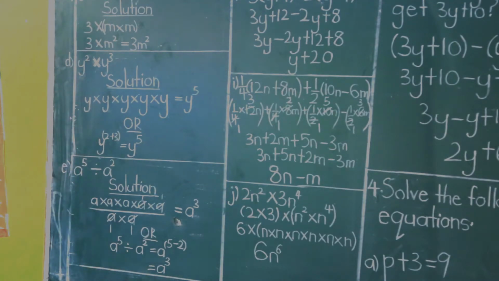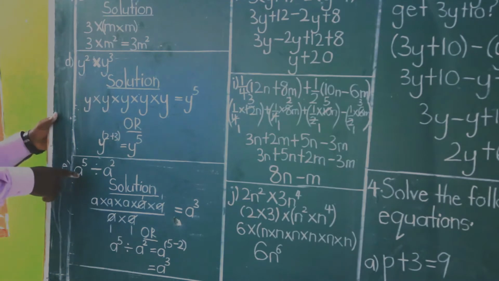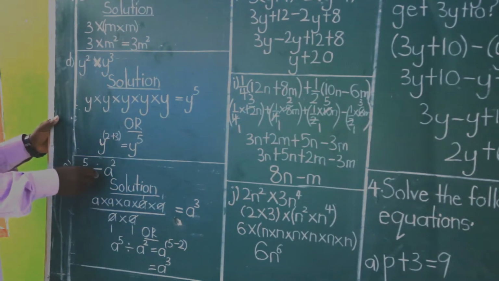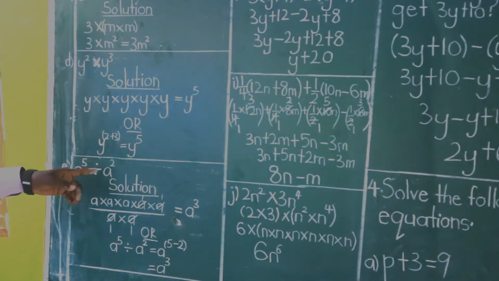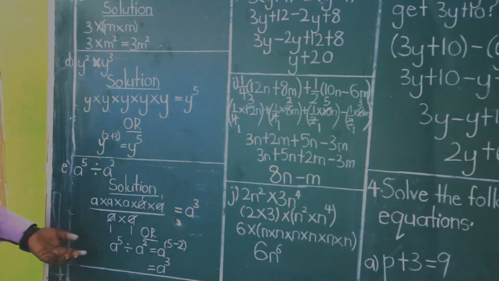Then part E says, simplify a index 5 divided by a index 2. Like we did in part B, here we are having two ways: the one of expansion and the one of using the index rule of division.